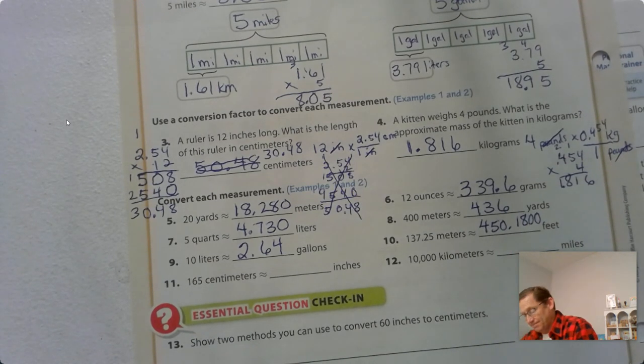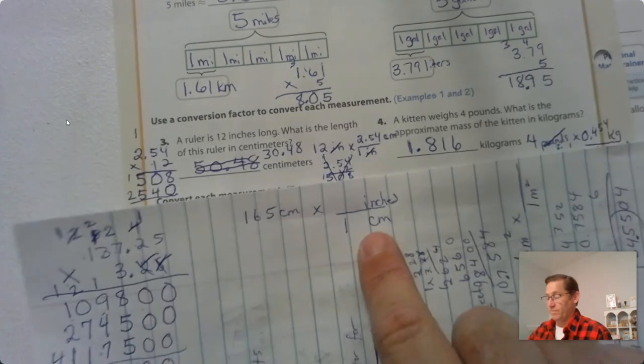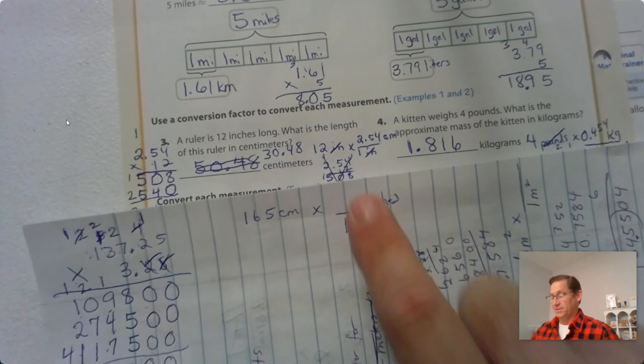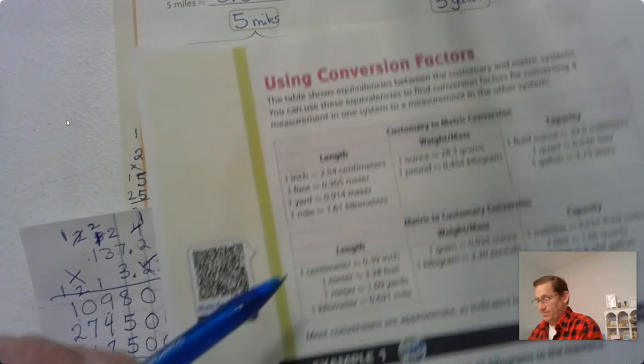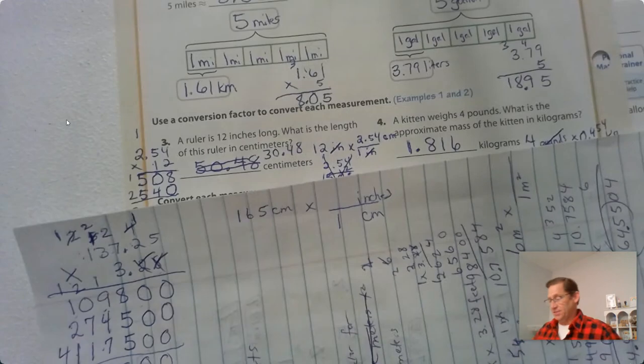All right, 11. 165 centimeters is how many inches? All right, so again, we're going from 1 centimeter to how many inches? 1 centimeter is 0.39 inches.